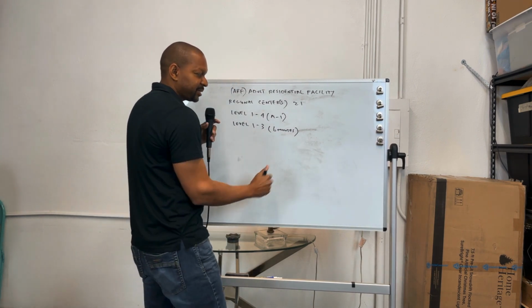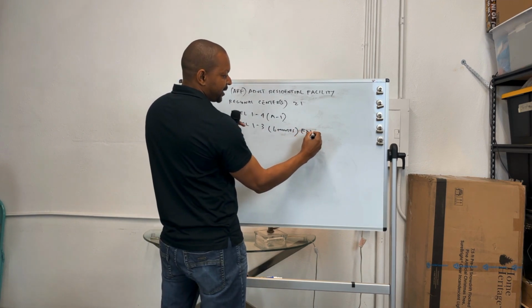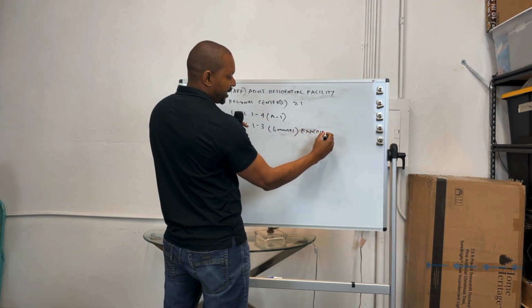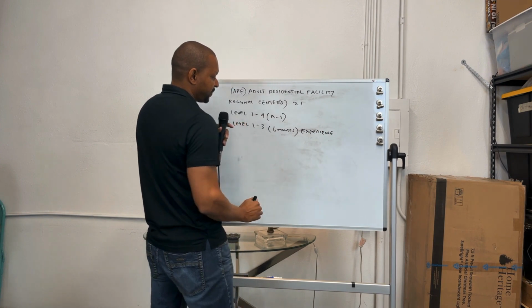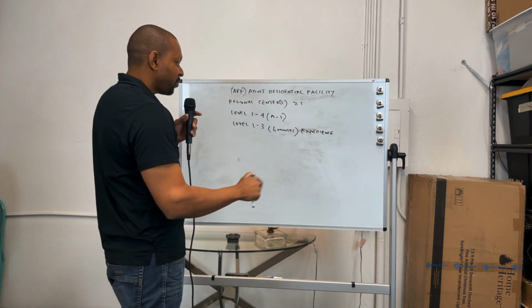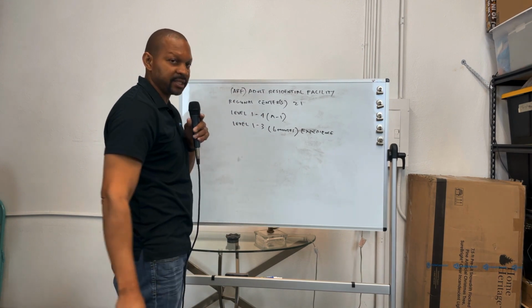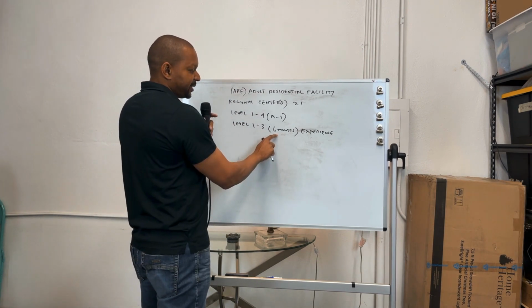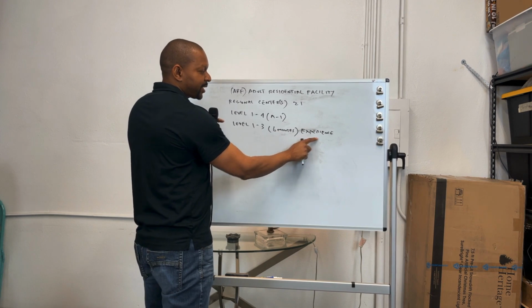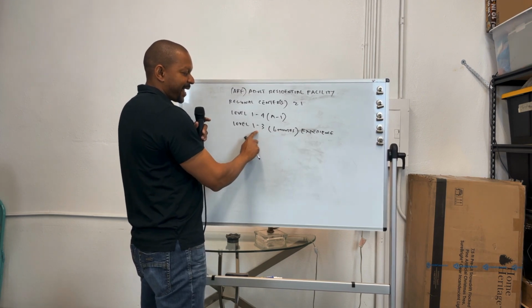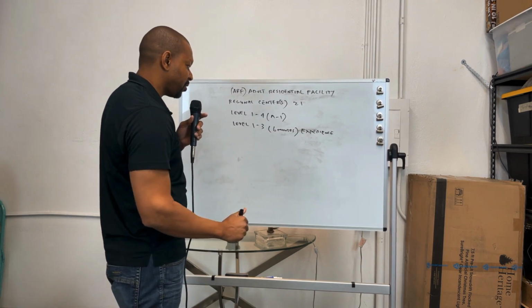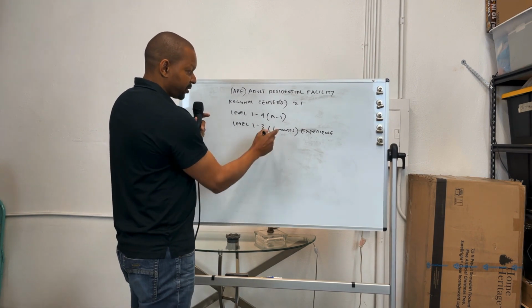That experience has to be in that level of care. So say you want to open a level 1, 2, or 3 facility. You need to demonstrate at least 6 months experience working at that level that you want to open: 1, 2, or 3.